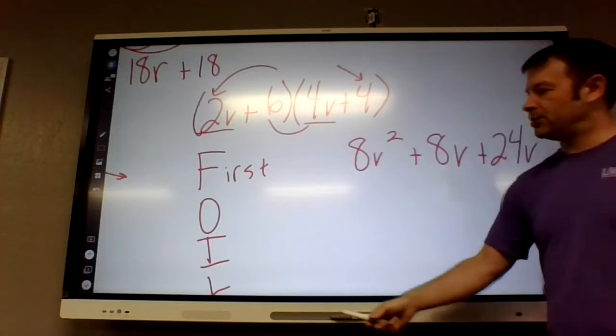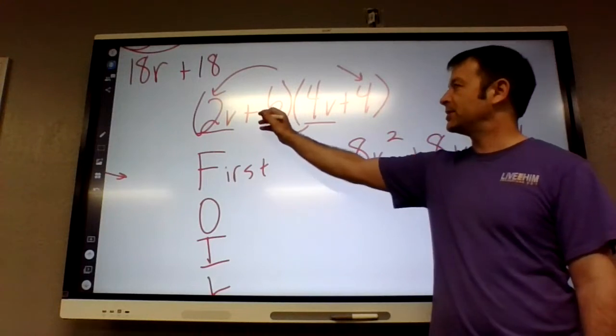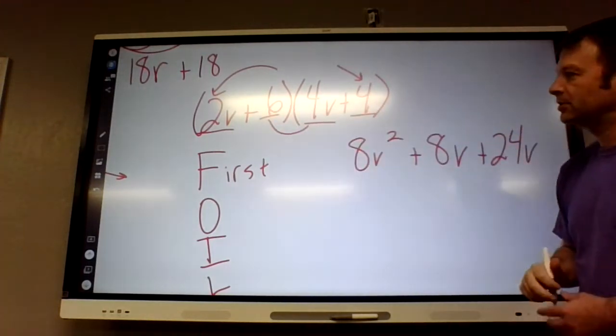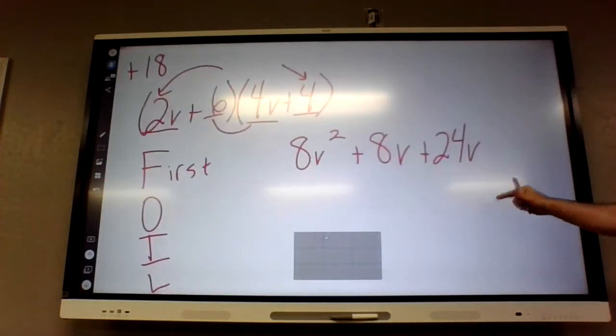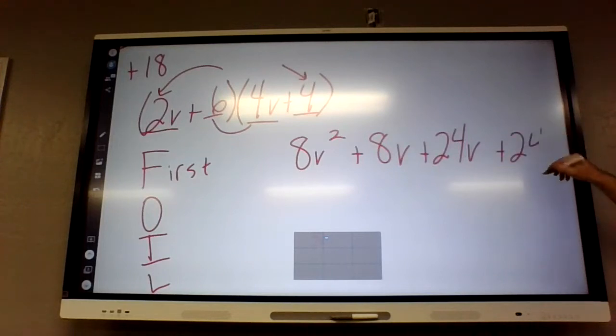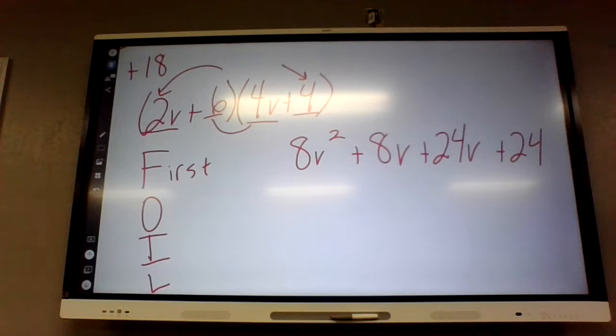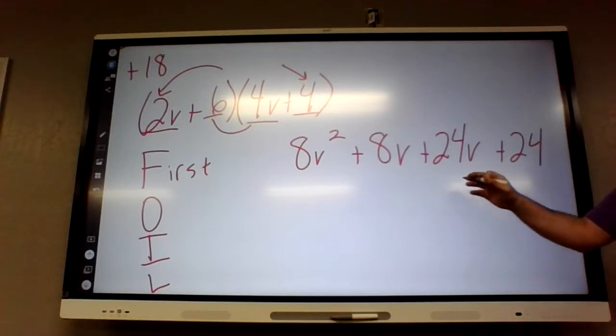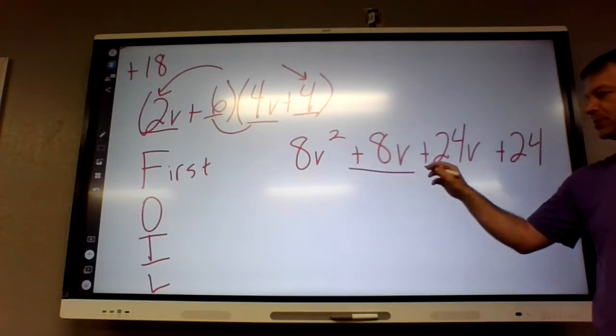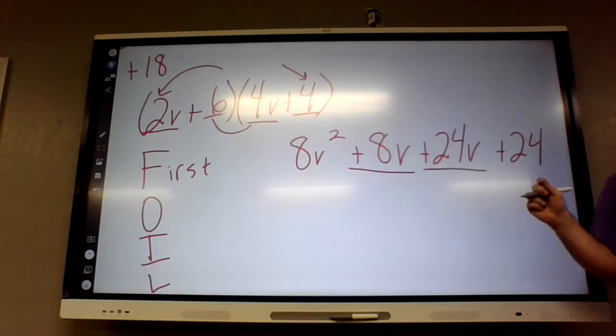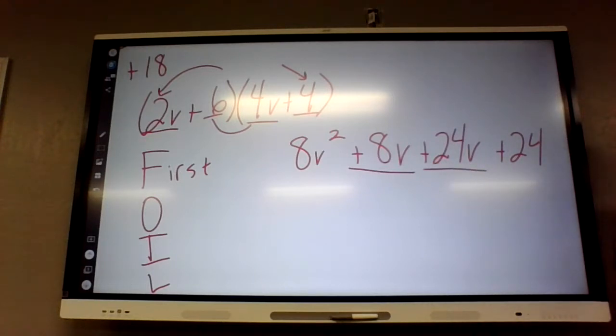And then L stands for the last 2, so that would be the 6 and the 4, which is 24. So it's positive, so I'm going to put plus. Is there anything else I can do? You can simplify. On FOIL problems, usually the middle 2 terms will be like terms, and we can add those together. So what's 8v plus 24v?